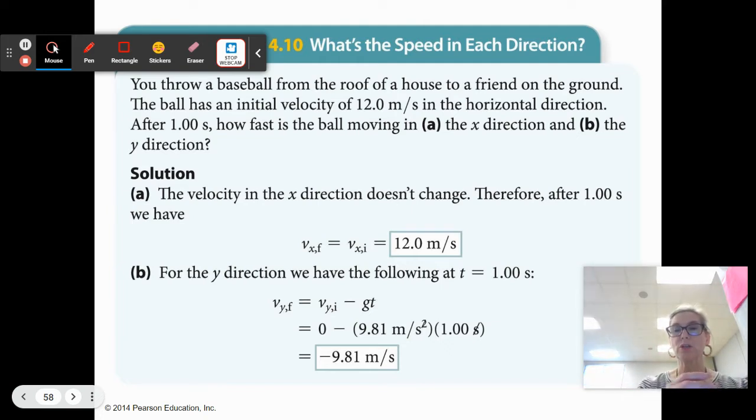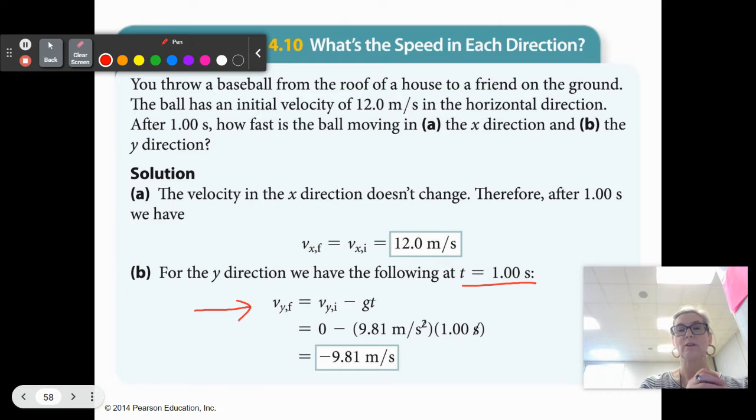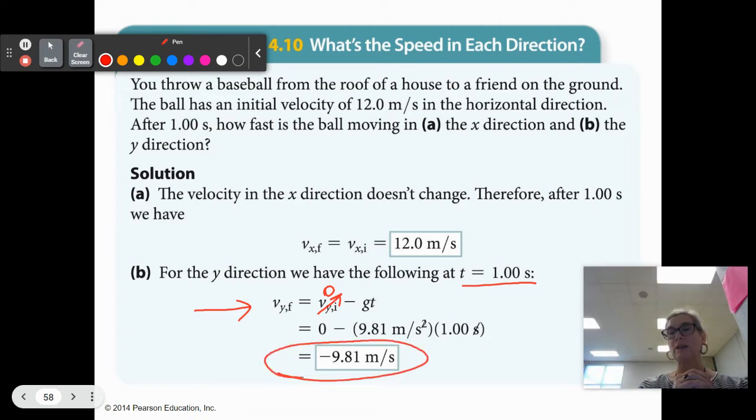For the y direction, you're going to put in your time of 1 second into your vyf formula. So your vyf is equal to your initial velocity in the y direction minus gt, and our initial velocity in the y direction is 0. So we're going to put in minus 9.8 meters per second squared times 1 second. So its final velocity in the y direction would be negative 9.8 meters per second.